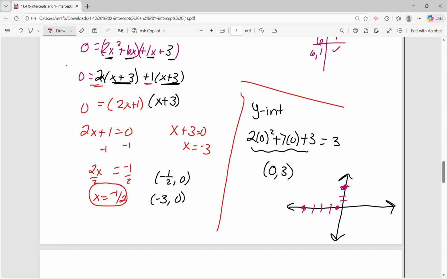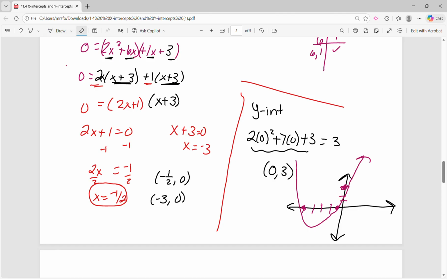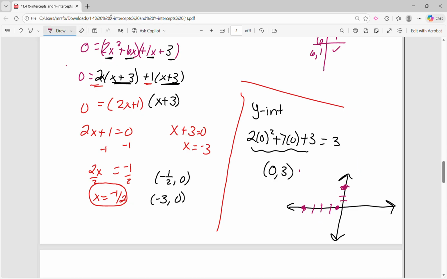Yeah, okay, this is right. Oh, that wasn't very good. It should go through the points. It's decent.